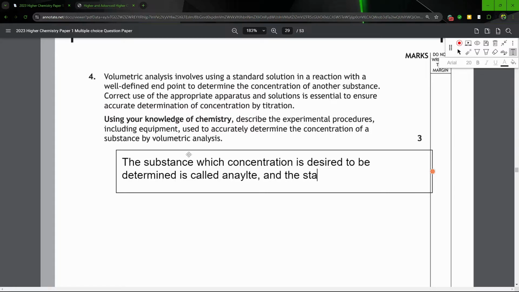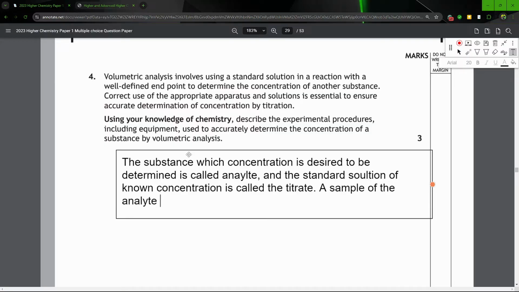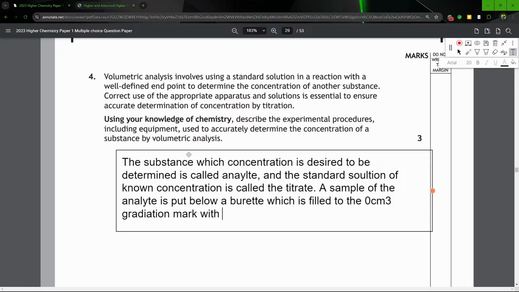And the standard solution of known concentration is called the titrant. A sample of the analyte is put below a burette, which is filled to the 0 cubic centimeter graduation mark with the titrant.